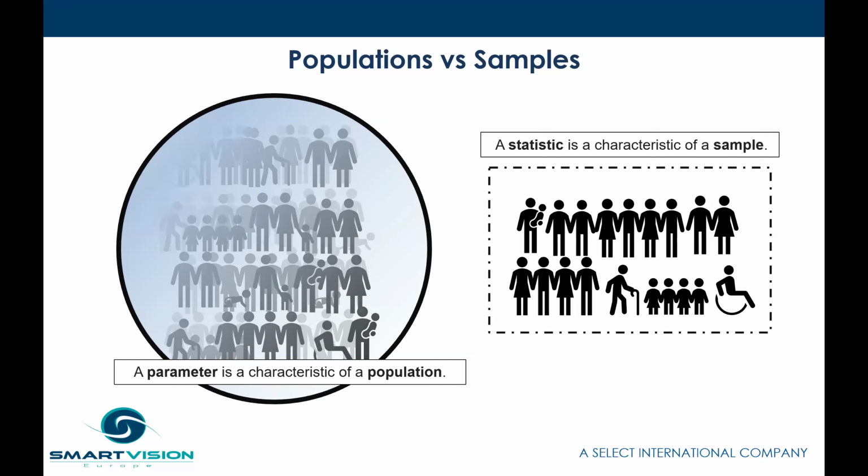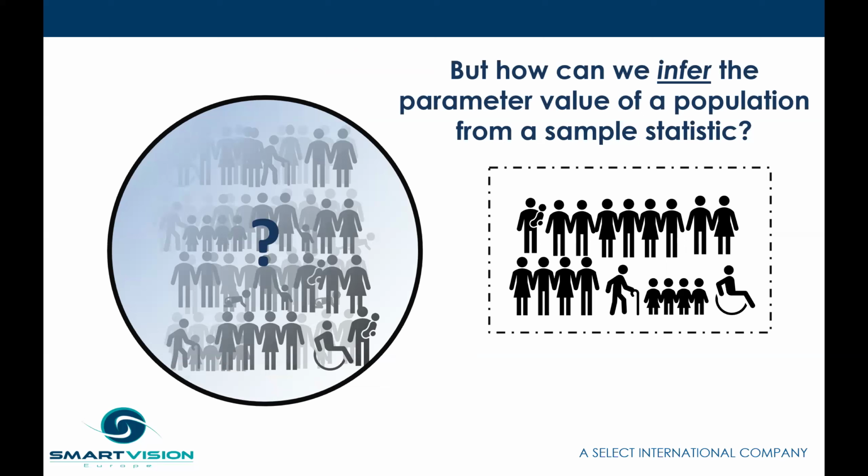It might be a big sample, like 10,000, 100,000, or 100, but a statistic is calculated from a sample in order to estimate the parameter, what's really happening in the population. That's important because the inference is an attempt to cross the unknowable chasm between the sample and the population.